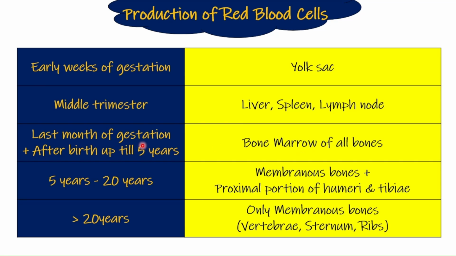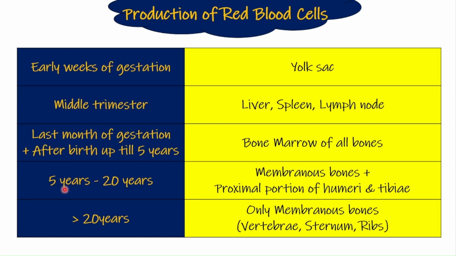Now, up till when does the production continue in the bone marrow of all bones? From the last few months of gestation till the baby is 5 years old, the production of RBCs is from the bone marrow of all bones.